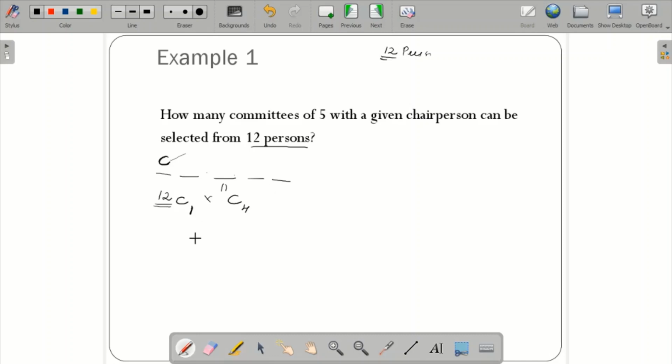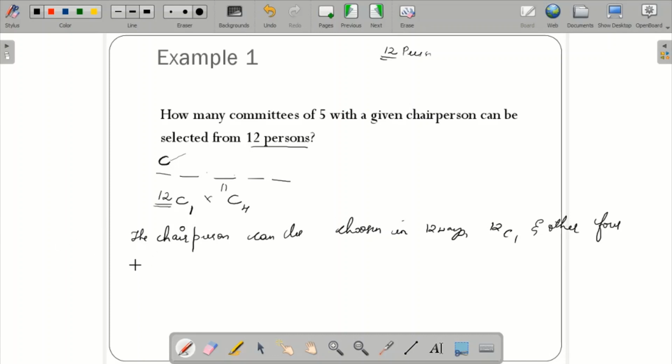So the solution is, write down the solution: the chairperson can be chosen in 12 ways, that is nothing but 12C1, and the other 4 on the committee can be chosen in 11C4 ways.